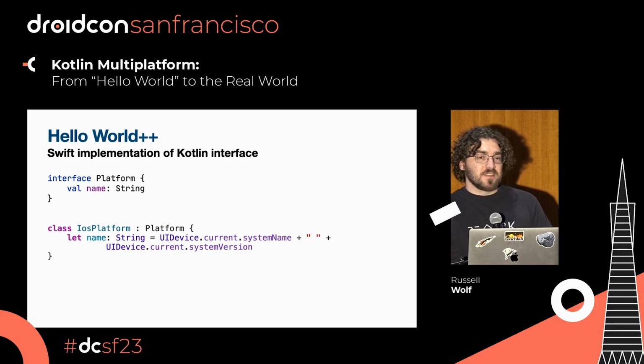That means if you have some complicated interface that you want to interact with from your shared code, your iOS developers can implement it using all of the same tooling and libraries that they're used to, and then your shared code can still talk to it. This can be a really useful piece of your architecture when you're trying to figure out where your shared code boundary is.